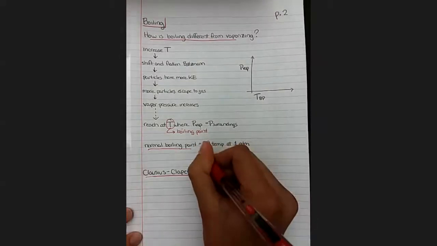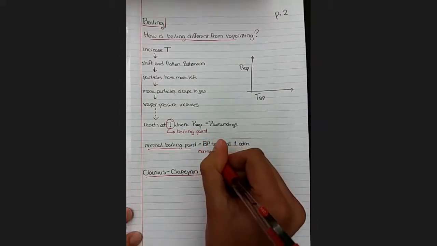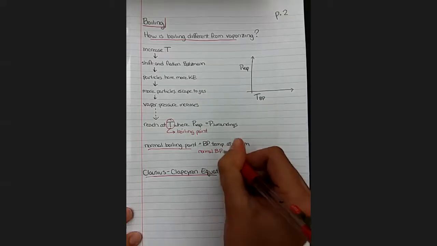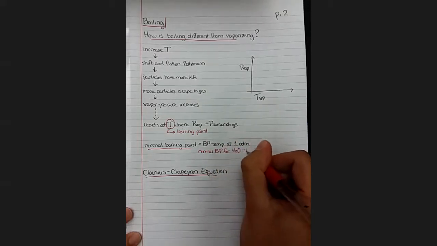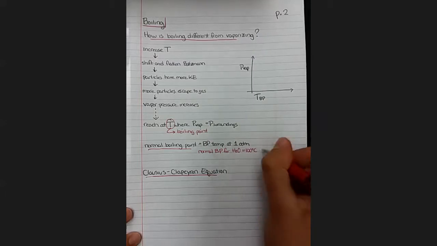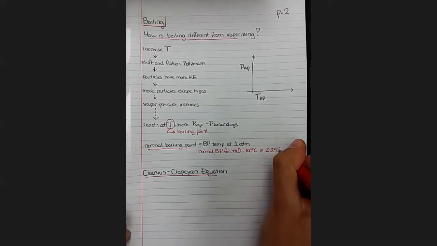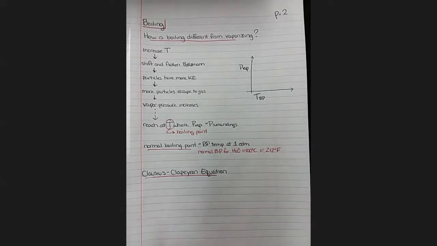So the normal boiling point for water would be 100 degrees Celsius. That's the number that we use doing calculations, or 212 degrees Fahrenheit. So that's the normal boiling point.